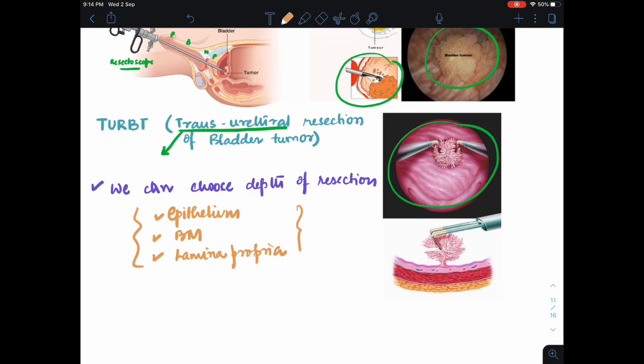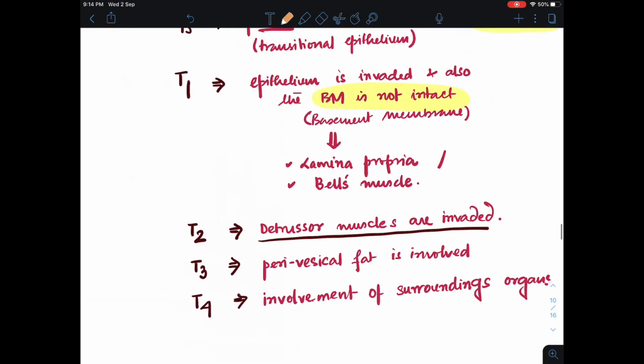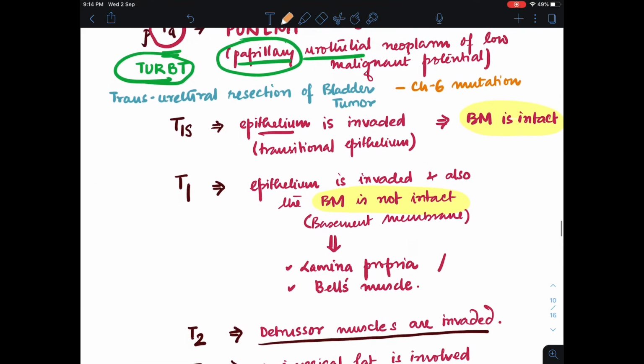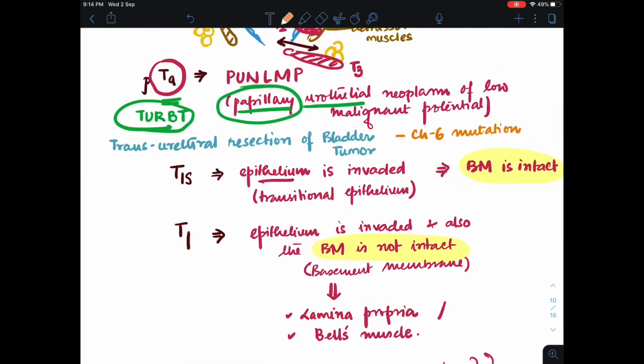This is up to which we can go for TURBT. Now, coming back to the staging, in TA we do a TURBT and we just go up to the epithelium and remove the papillary projection. The neoplasm which has a malignant potential is removed, and it's well and good.